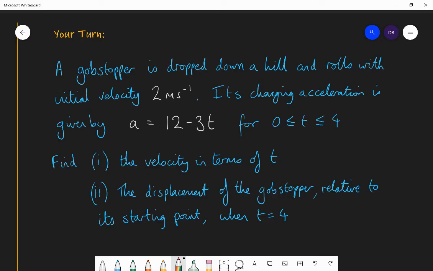Its changing acceleration is given by a is equal to 12 minus 3t, for 0 less than or equal to t less than or equal to 4 for the first 4 seconds. Find the velocity in terms of t, and secondly, find the displacement of the gobstopper relative to its starting point when the time is 4 seconds. Okay, pause, write down some maths.